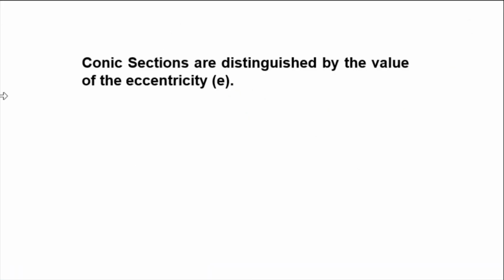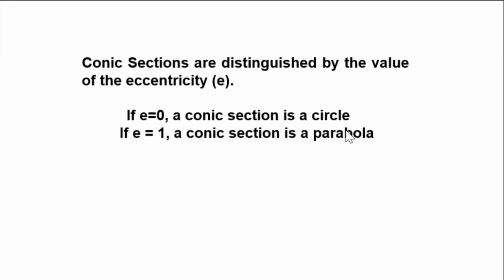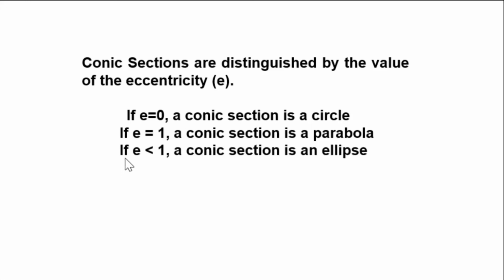So, yung four conic section are distinguished by the value of its eccentricity. Ayan. So, if e is equal to 0, a conic section is a circle. If e is equal to 1, a conic section is a parabola. If e is less than 1, a conic section is an ellipse.